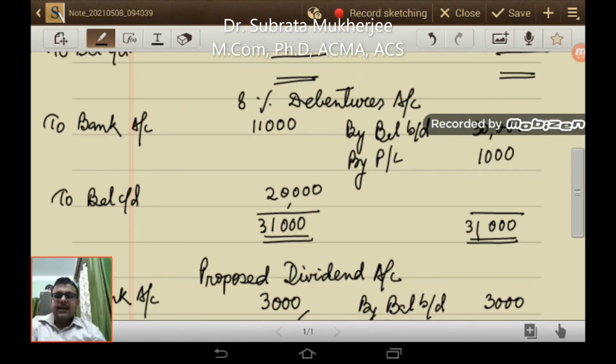The next ledger that I am going to close is 8% debenture account. There was an adjustment entry that I forgot, so I have to write it here at the time of closing this ledger. So 8% debenture was redeemed at 10% premium. So 8% debenture account debit to bank, 11,000 I have written here.